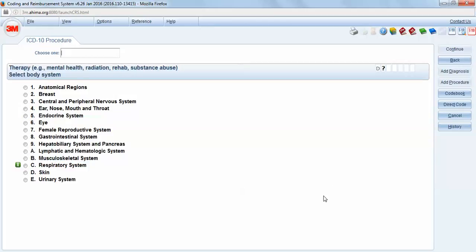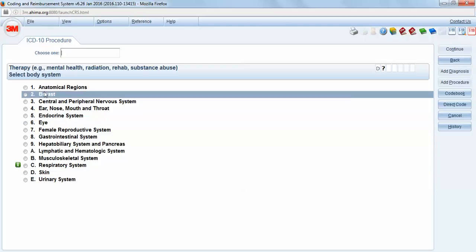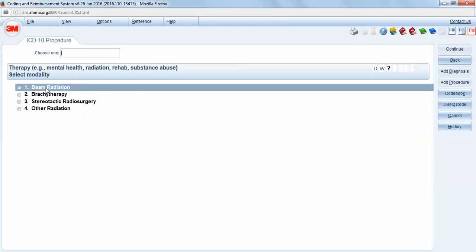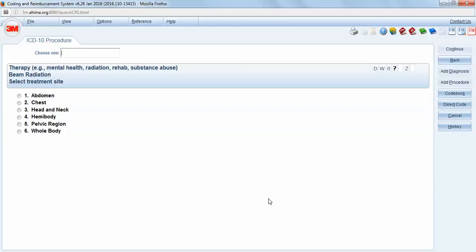And then we're just going to pretend that we have our, we'll say anatomical regions. All right. And you could do any type of radiation for palliative care that you would do for curative care. So we're just going to say that our patient is having beam radiation.